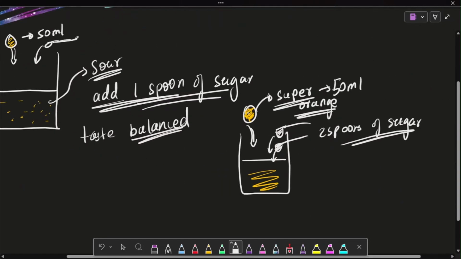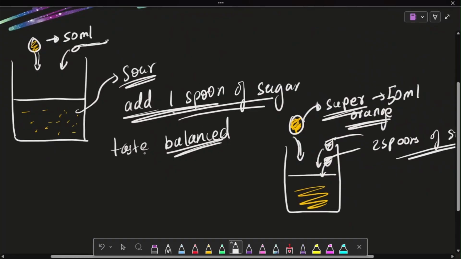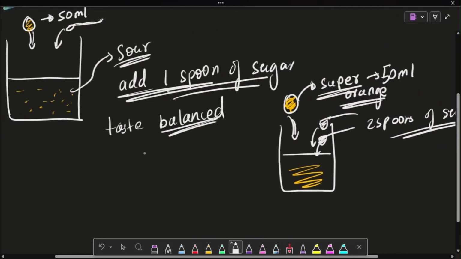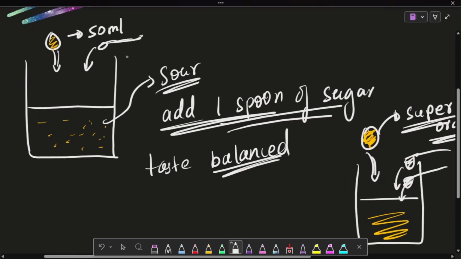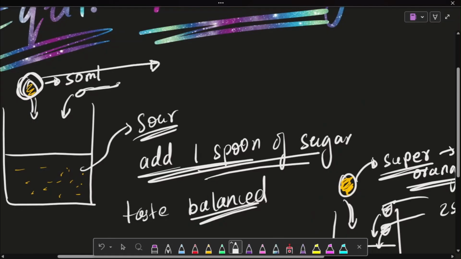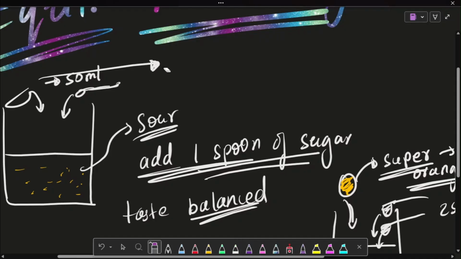Okay, so from these both cases, what conclusions could you make on equivalence? So from here, now let's remove the orange. Let's just say you took a test tube where you put HCl, 50 ml.